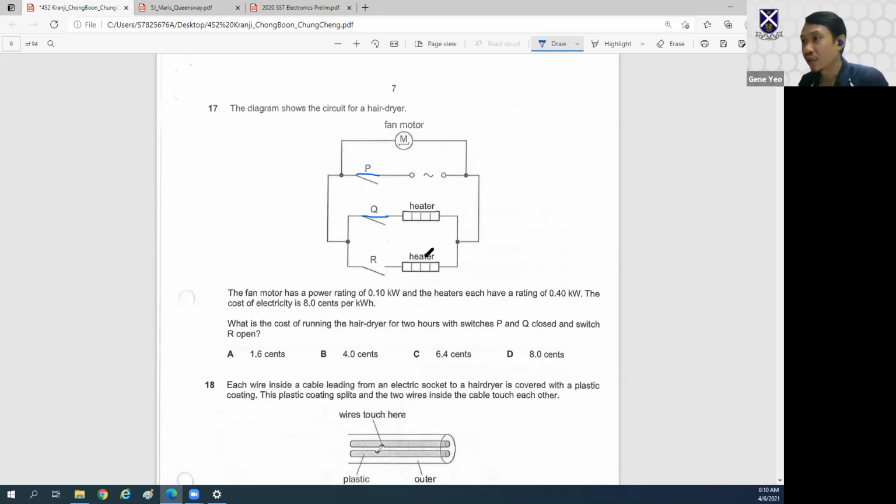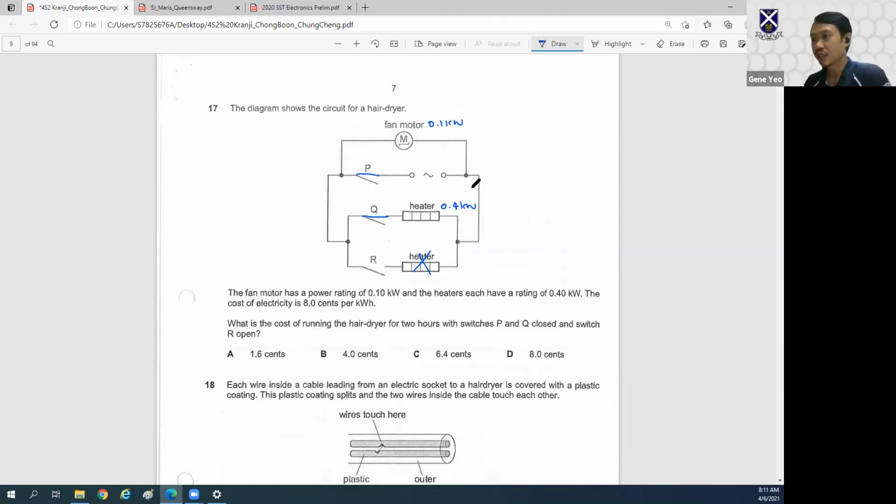Okay, so we are not going to consider this heater because it's not going to be used at all anyway. So we are just going to consider the fan motor, which is rated at 0.1 kilowatts. And we are only going to consider one heater, which is rated at 0.4 kilowatts.